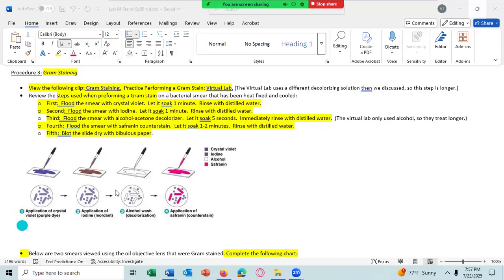And then you add the decolorizing, and after decolorization, the gram-negative cells will be clear, the gram-positive cells will be purple. And then you add the safranin as the counter stain, and then the gram-negative cells will be pinkish in color, the gram-positive cells will be purple in color. Any question about any of that?